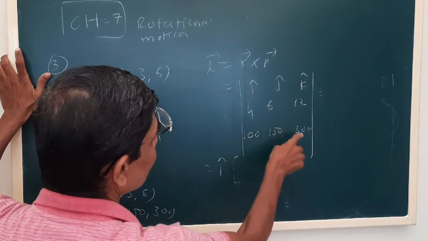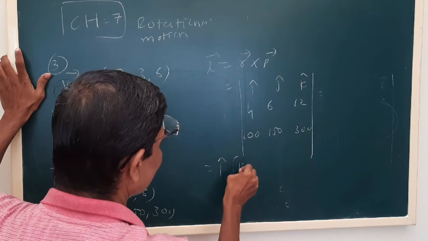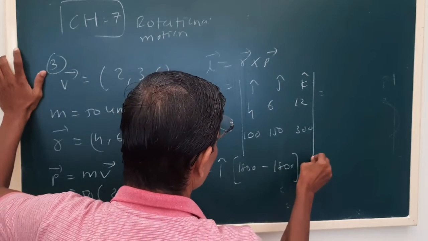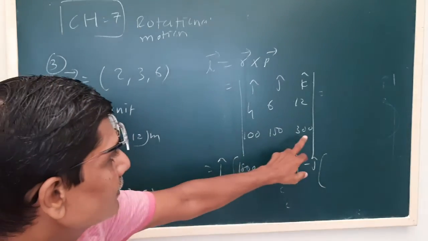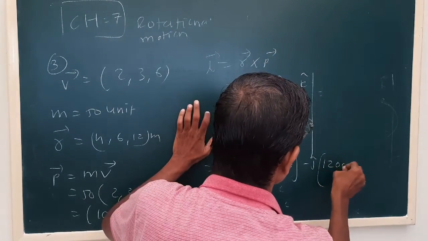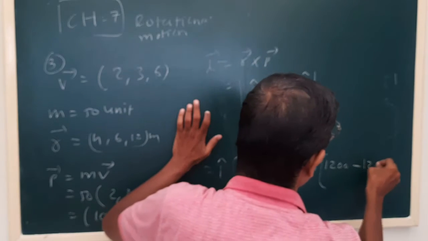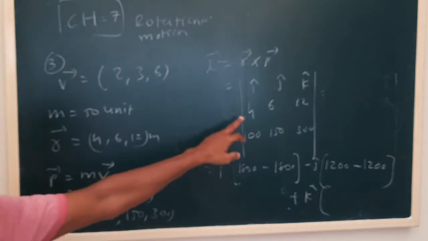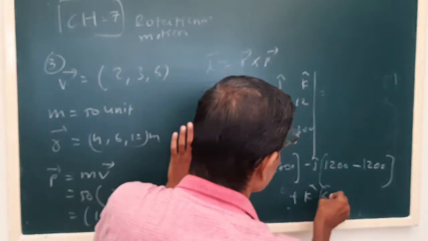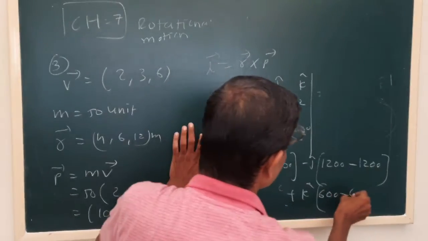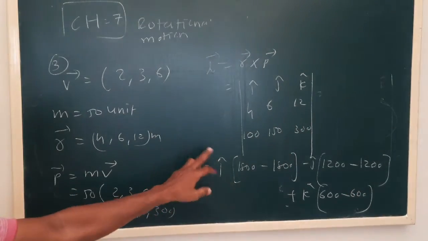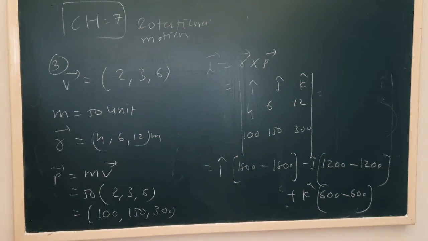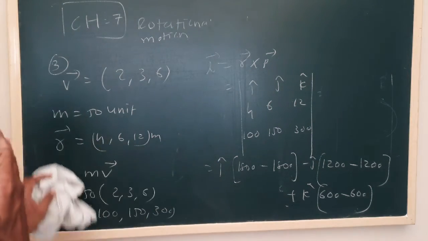I caret: 6 into 300 is 1800, 12 into 150 is also 1800. Minus J: 300 into 4 is 1200, 12 into 100 is 1200. Plus K caret: 150 into 4 is 600, 6 into 100 is 600. Now you can see 1800 minus 1800 is 0. Here also 0 and here also 0. So the angular momentum of the particle is 0.